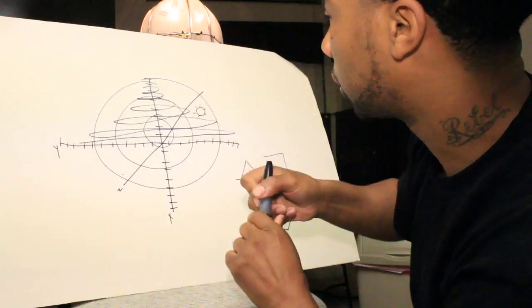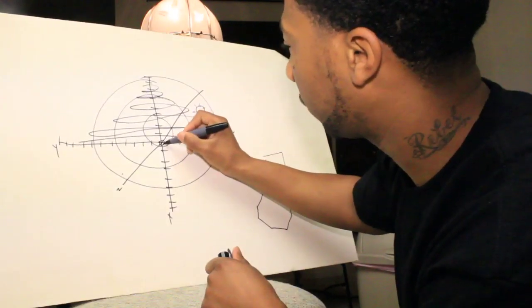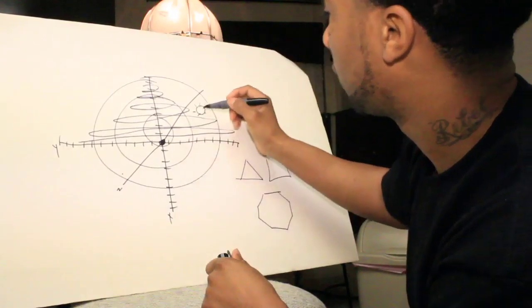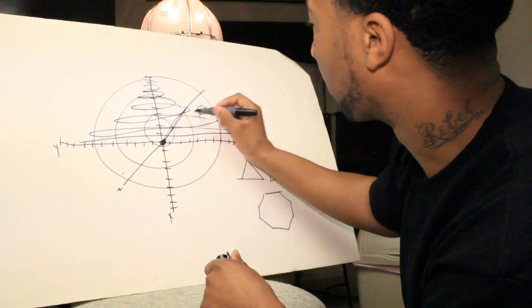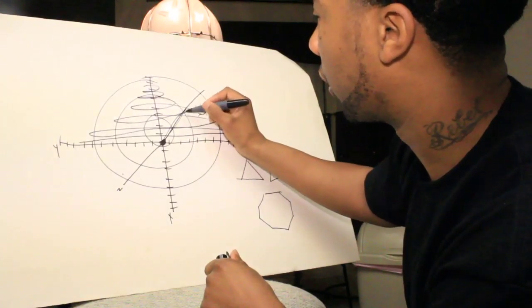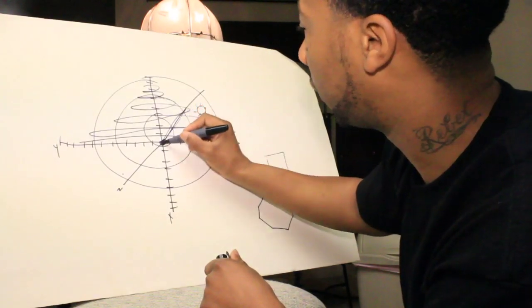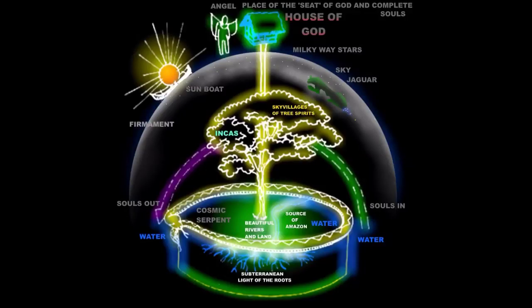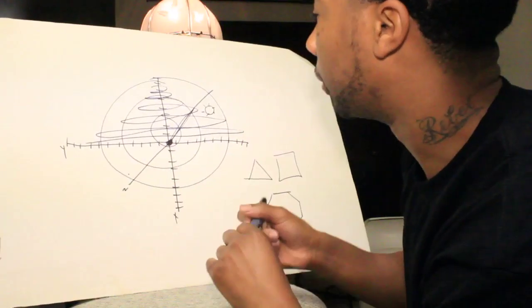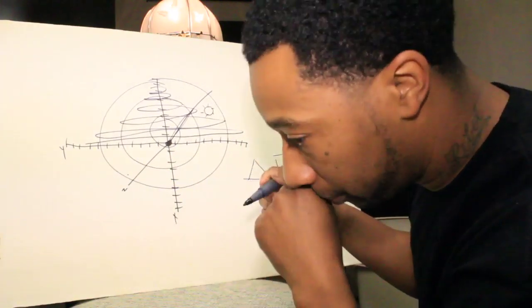Say the earth plane is here. The angles of light will get reflected off or by the sun to produce that energy to come down to the earth plane.